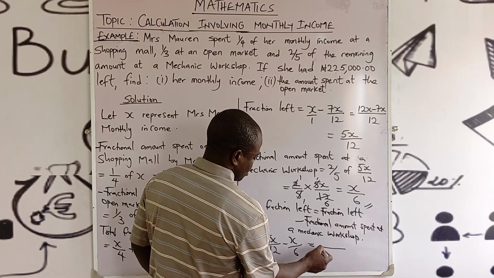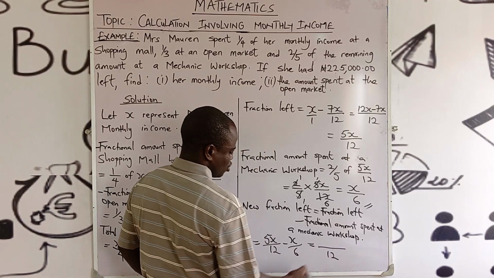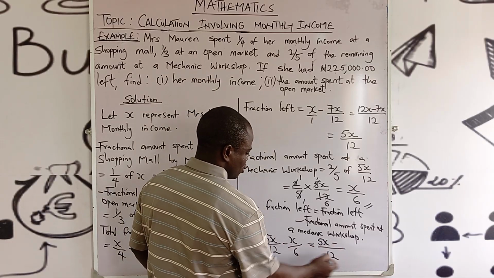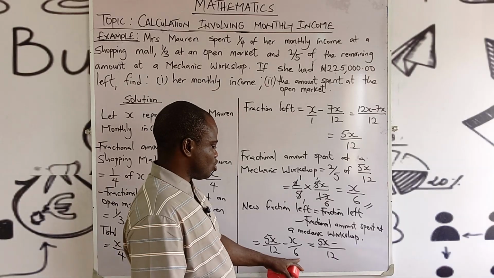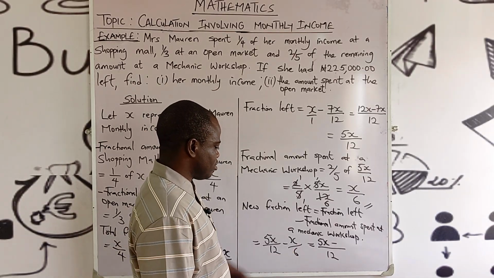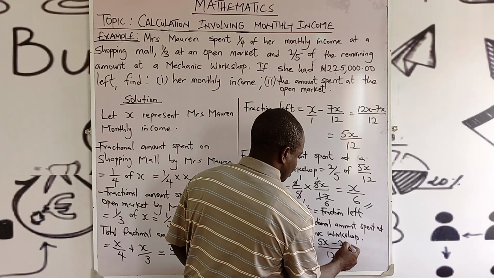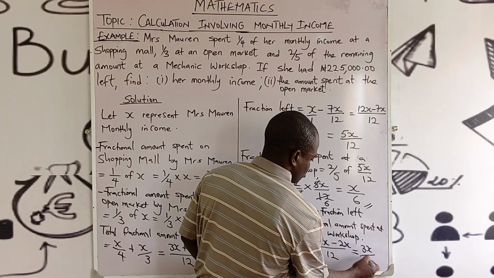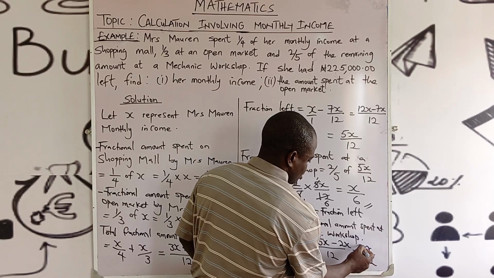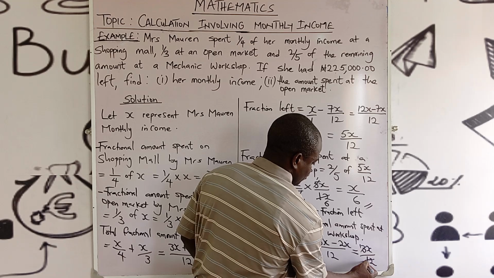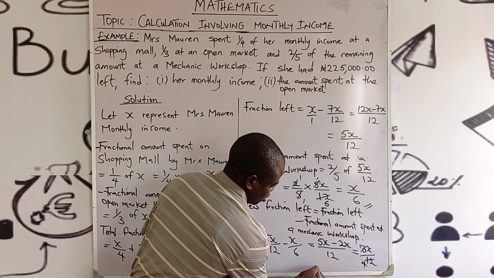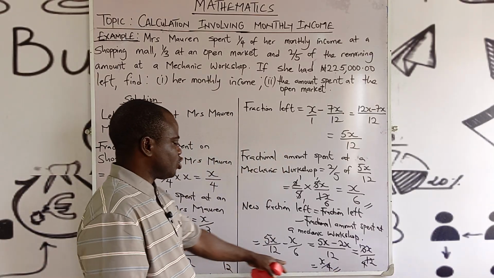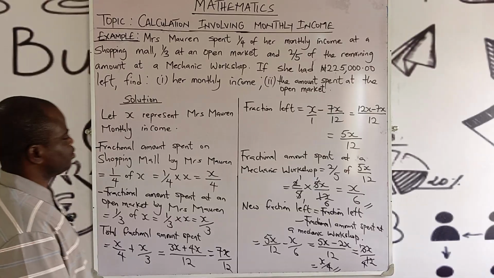The LCM is 12. 12 goes in 12, 1 times 5X is 5X, minus 6 goes in 12, that's 2, 2 times X is 2X. 5X minus 2X is 3X over 12. 3 in 3 is 1, 3 in 12 is 4, which equals X over 4. This is the new fraction left, X over 4.